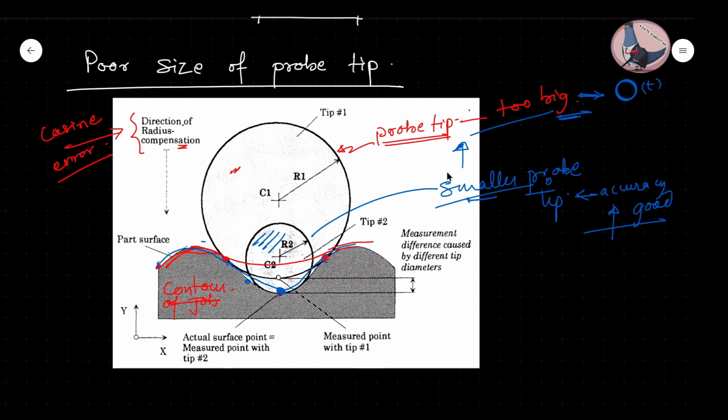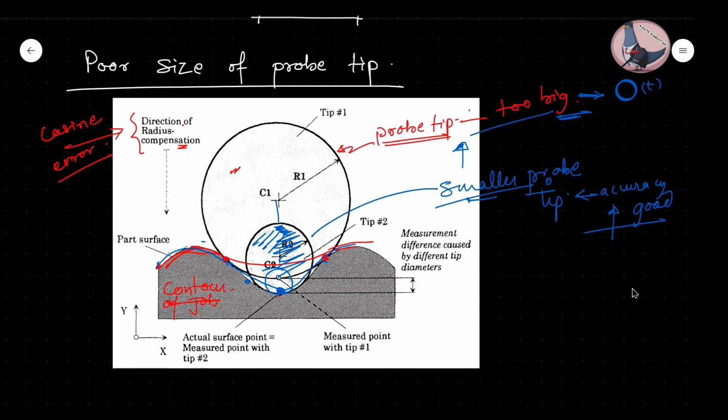Fine, so we always try to select the largest probe without compromising the accuracy. Going below this will not be good, and going bigger than this is again not good. So this is the optimum size of the probe that we will be using here. So we have to always optimize the probe tip diameter. Okay, so that is one thing.